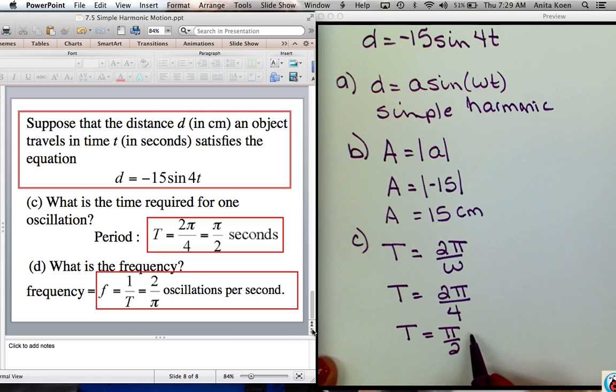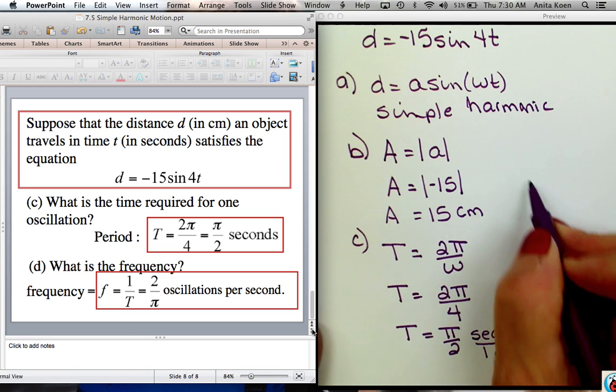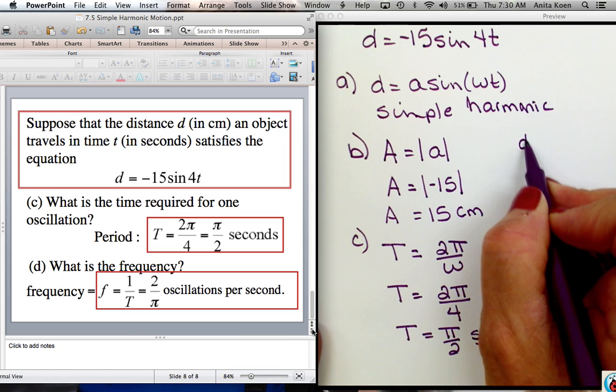Now, the period is the amount of time for one oscillation. So this is seconds, and if you wanted to put per one oscillation, you don't have to, but this is pi over 2 seconds for one oscillation. If you label it this way to begin with for a little while, it may help you to understand frequency a little bit better.